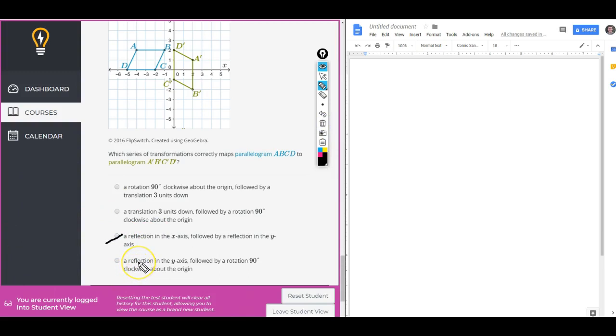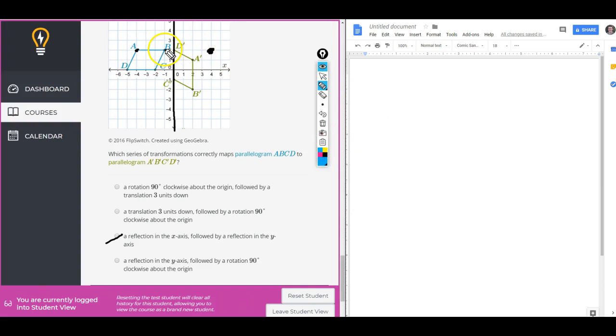So now I would go to the next one that has a reflection in the y-axis, followed by a rotation 90 degrees clockwise about the origin. If A was reflected in the y-axis, here's our y-axis again. I'm counting 1, 2, 3, 4 units to the left. It'll now be 4 units to the right. 1, 2, 3, 4. So that's where point A would be.